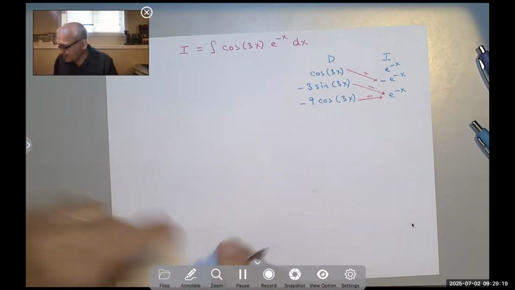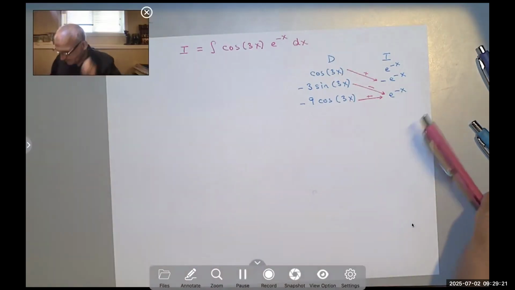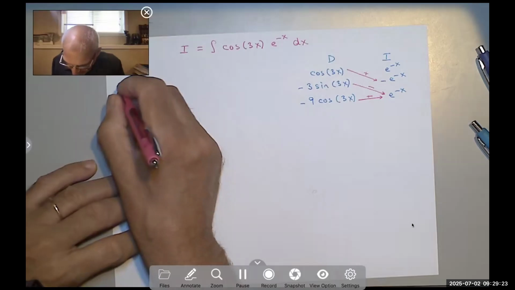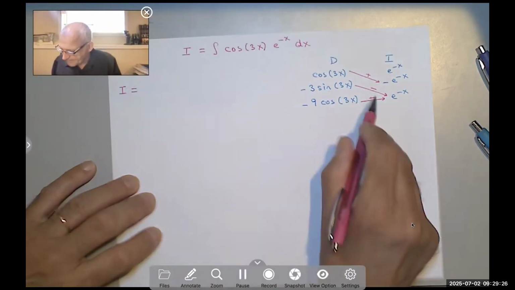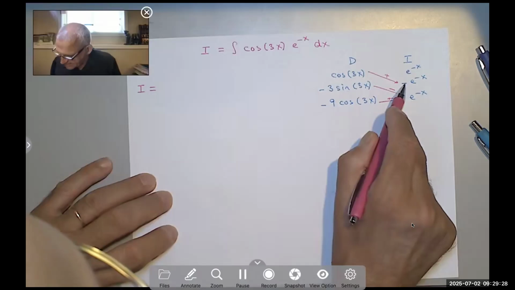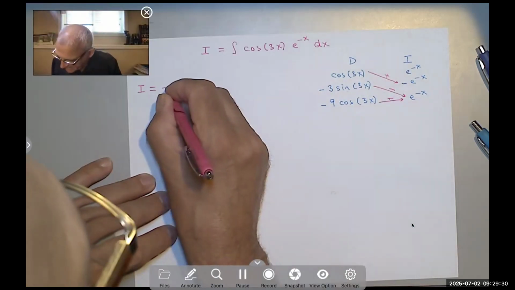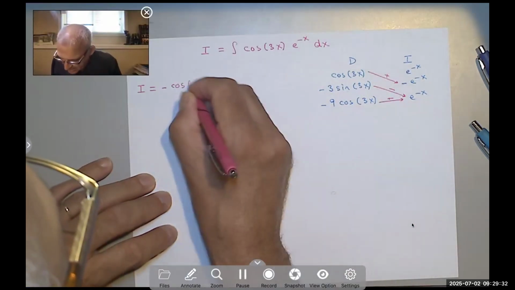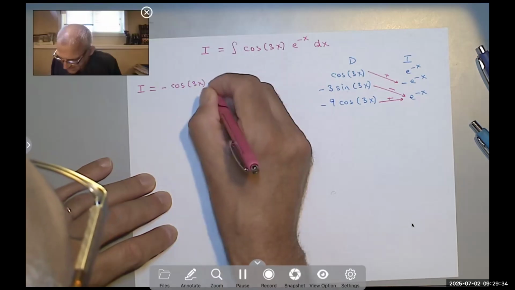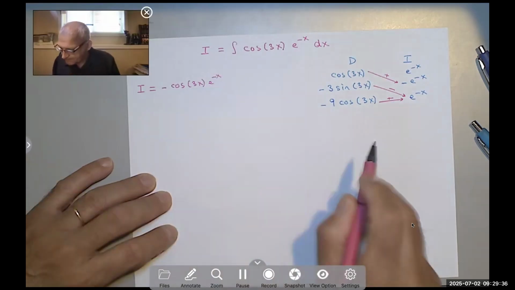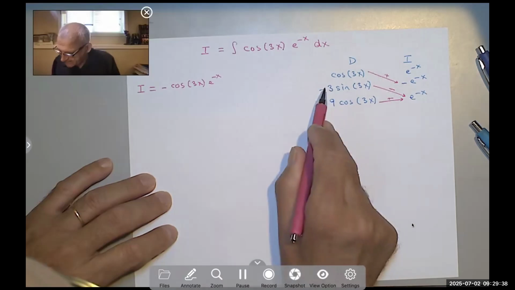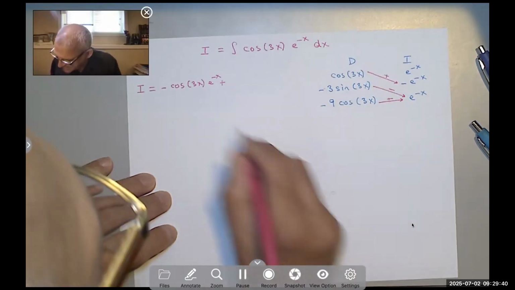Did you see what I did? Okay, so I equals this times that. There is a negative sign, so I end up with negative cosine 3x e to the negative x.